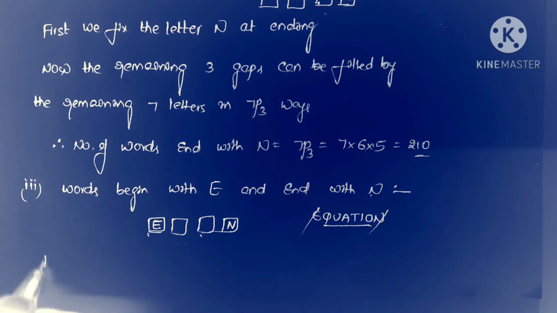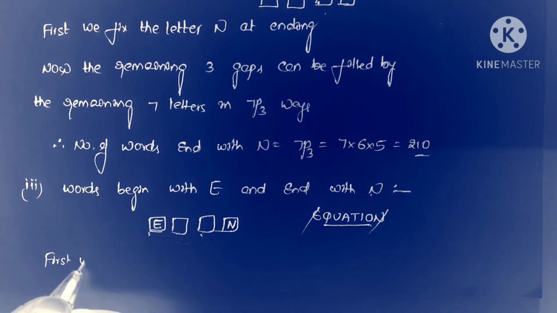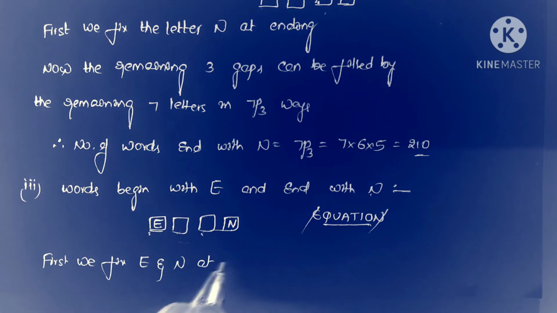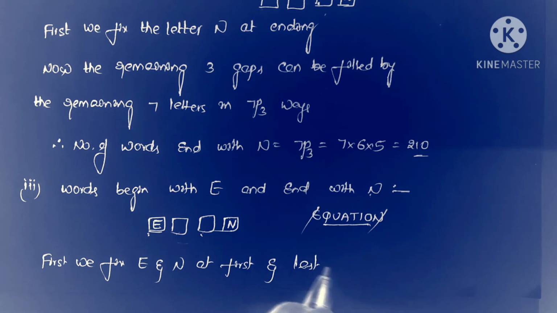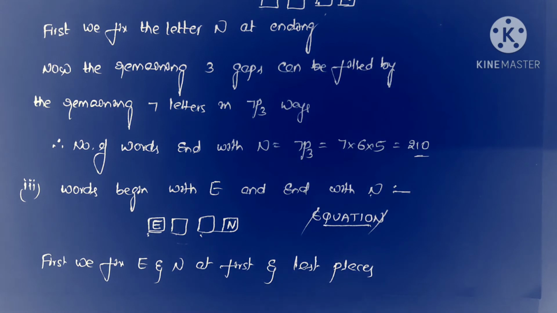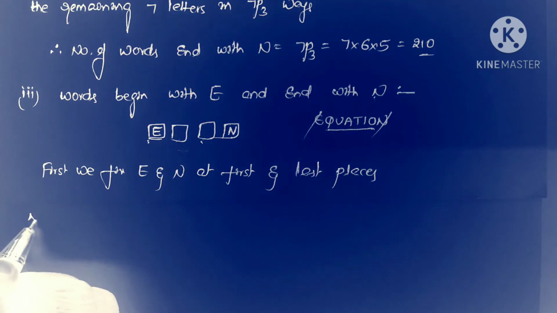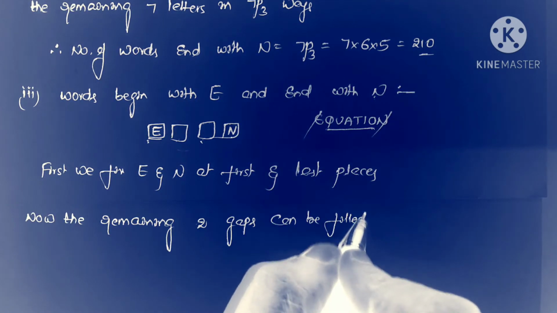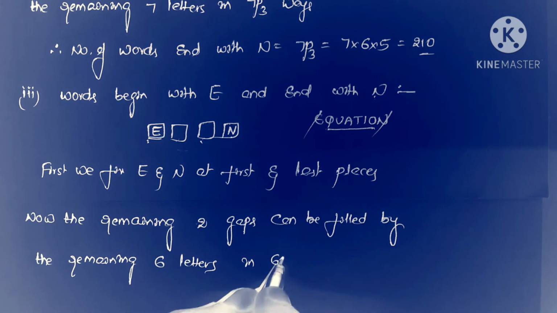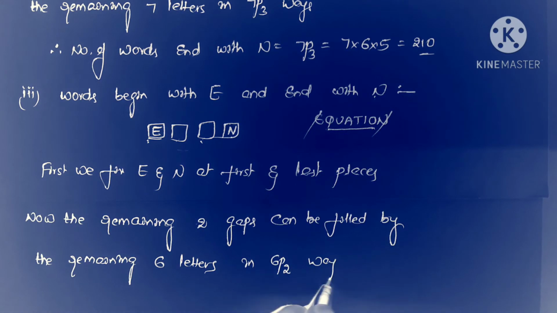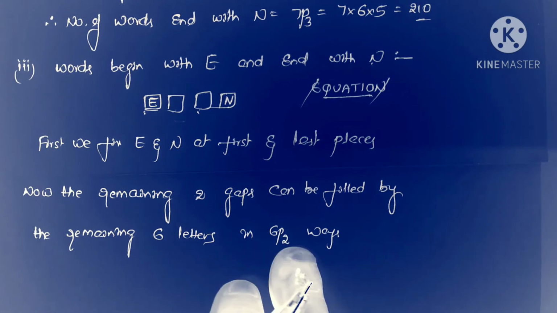So first we fix the letters E and N at the first and last places. Now the remaining 2 gaps can be filled by the remaining 6 letters in 6P2 ways.